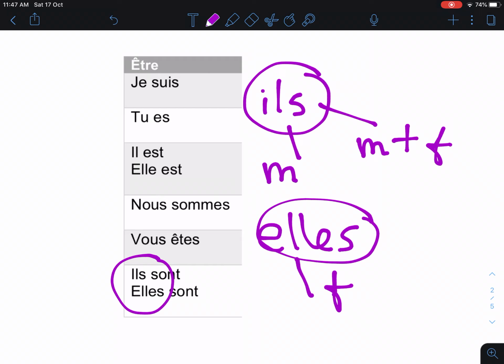Mereka, but all ladies. Ils and elles mean they, but ils, the first one, is for male and female gender, but elles only for female.